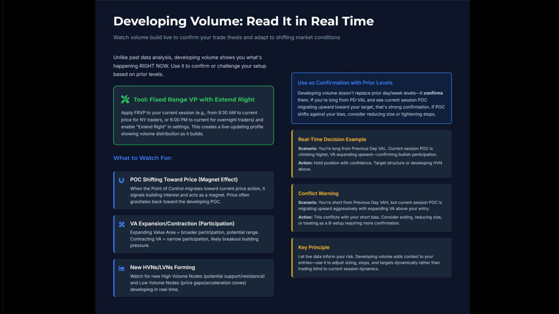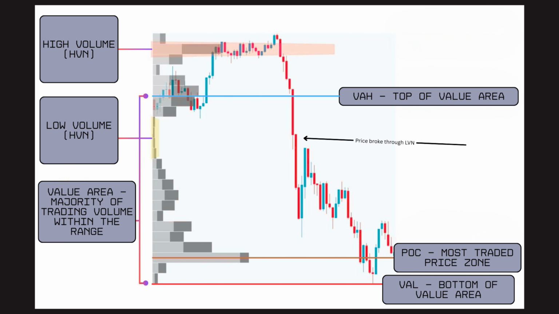Low volume nodes, conversely, watch where LVNs form. These are price levels where volume is low, where price moved quickly without much trading activity. LVNs often act as continuation zones. If price returns to an LVN, it tends to move through it quickly rather than finding support or resistance there. In trending markets, you'll see a trail of LVNs left behind as price moves directionally.